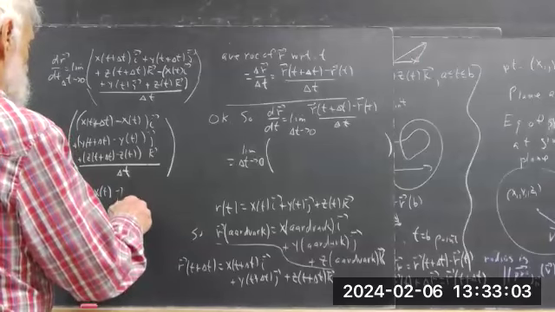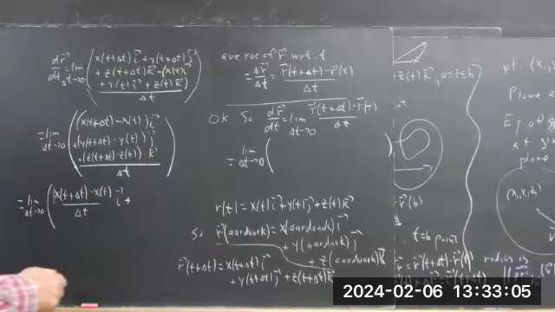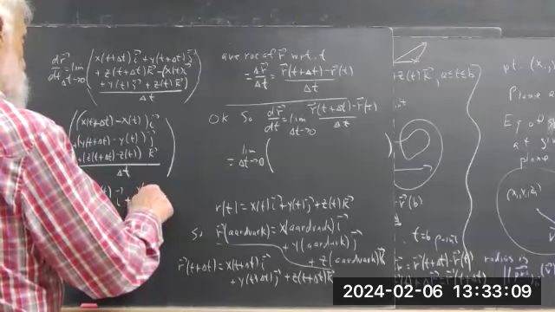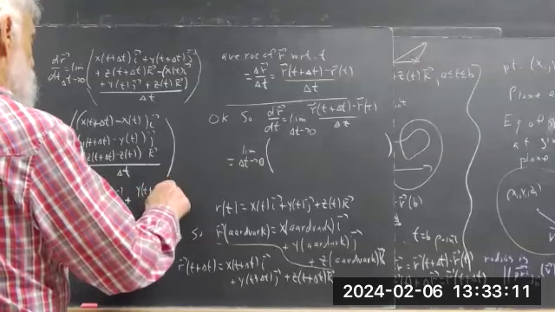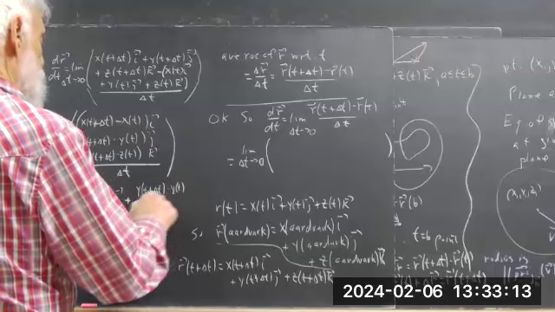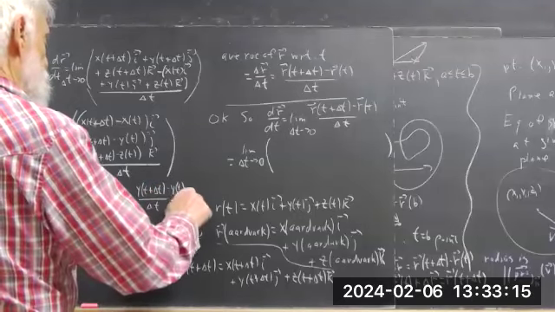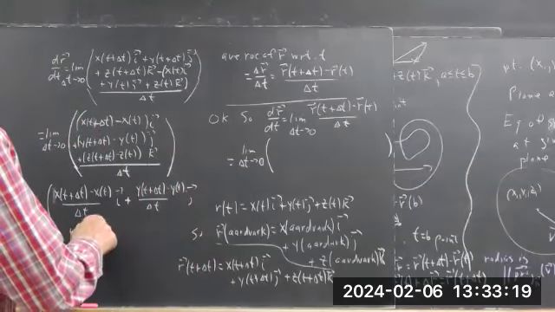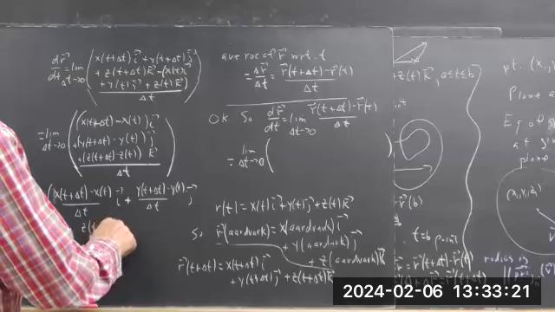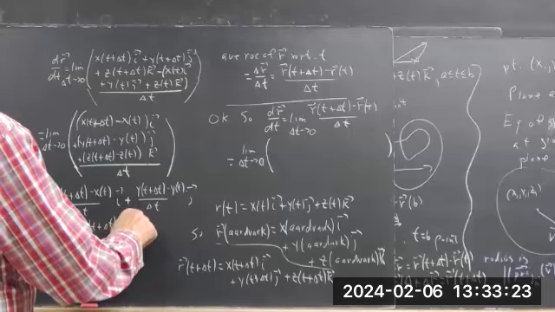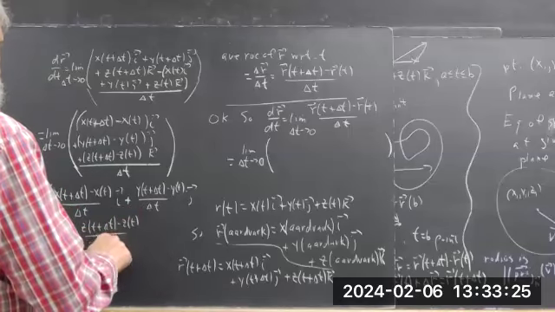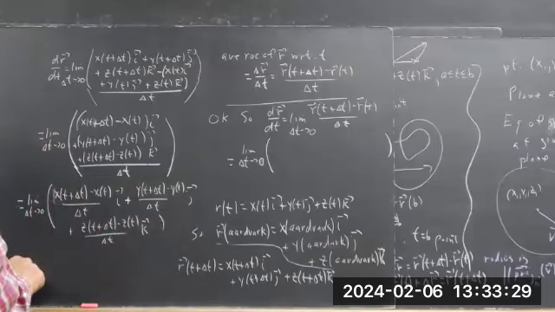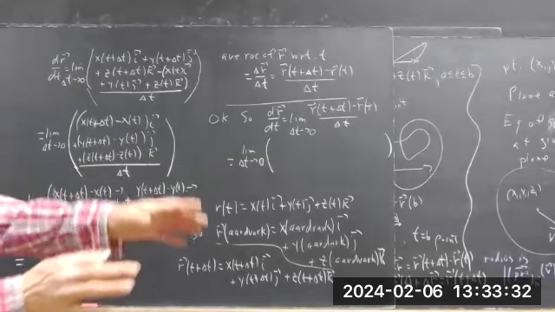We don't state it because it causes people to do terrible things with their expressions. Okay. Anyhow, y of t plus delta t minus y of t over delta t j plus z of t plus delta t minus z of t over delta t. Okay.